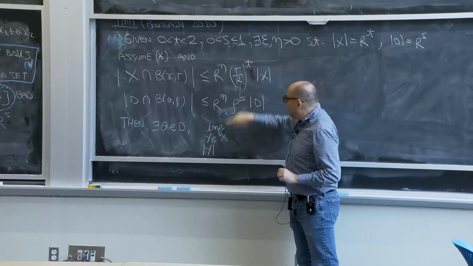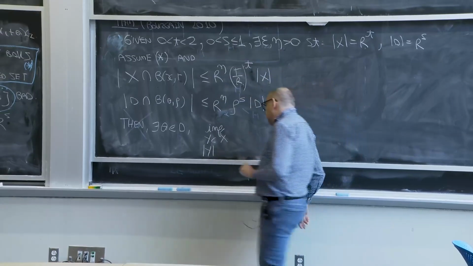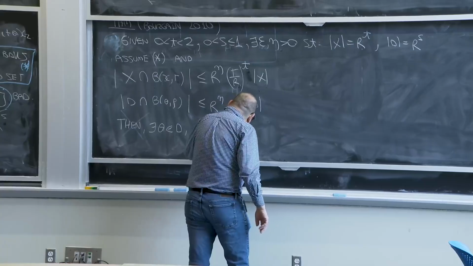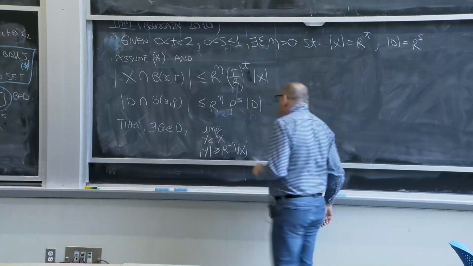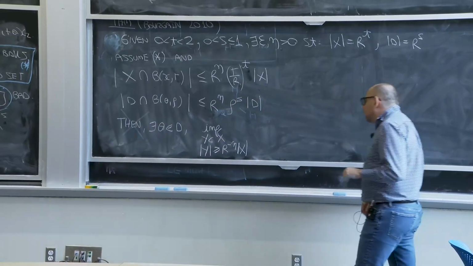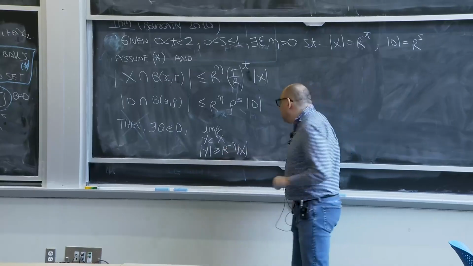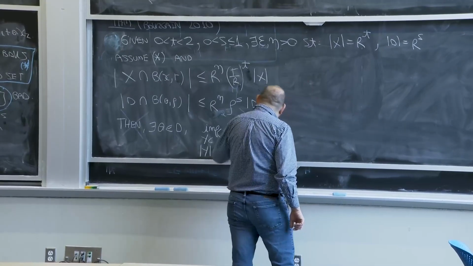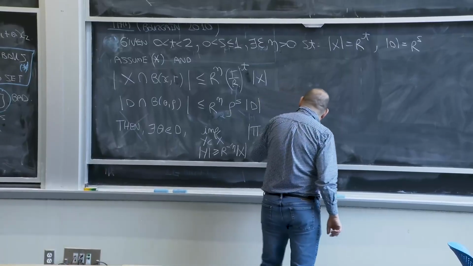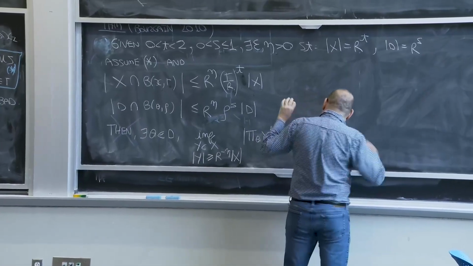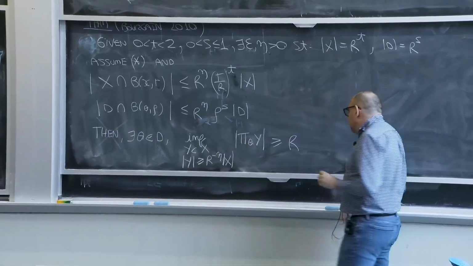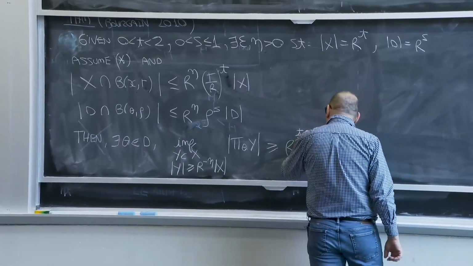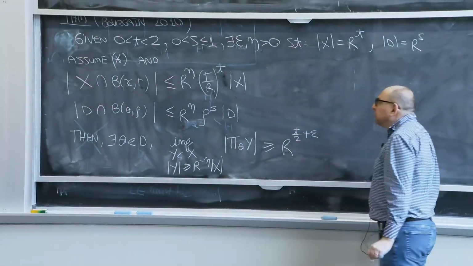It gives us some leeway at different places to play with. So y is a dense subset of x with this leeway r to the minus epsilon. Then we project this subset, and we get the gain. So the trivial bound is now no longer trivial, but the sort of natural lower bound is t over 2, and we beat it by epsilon.